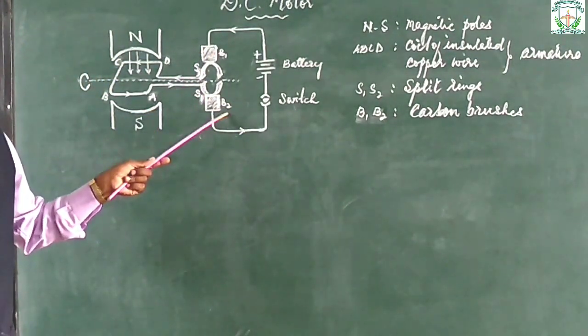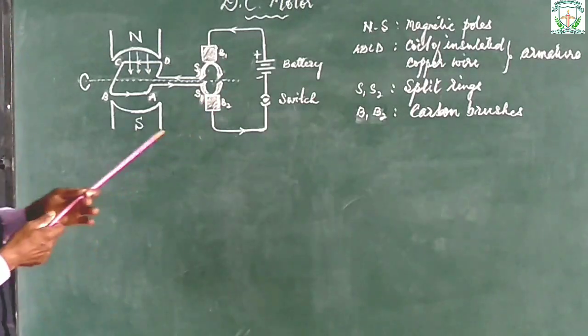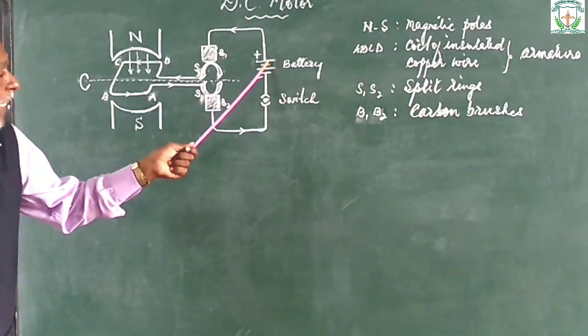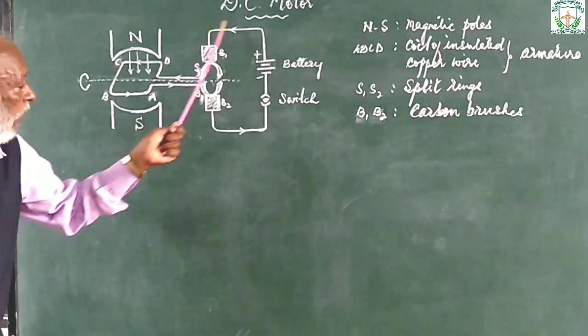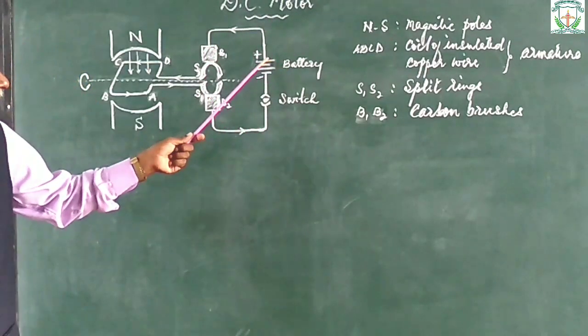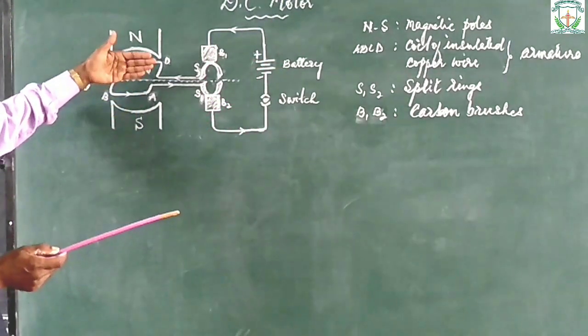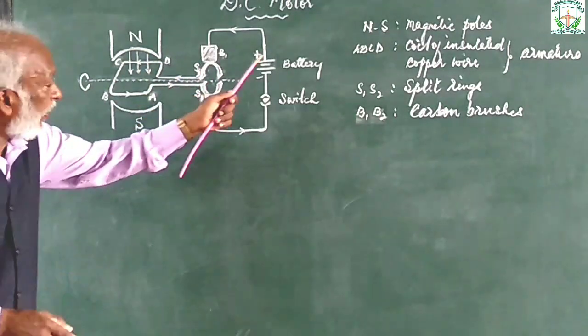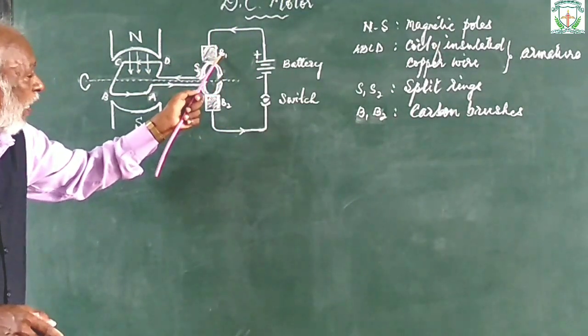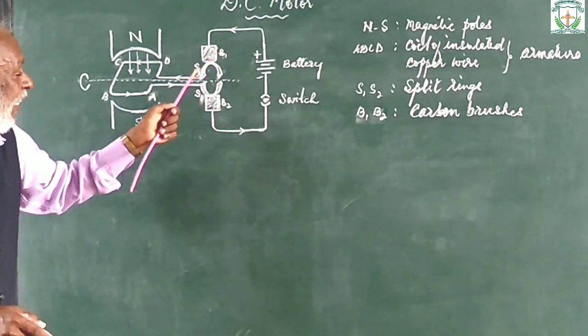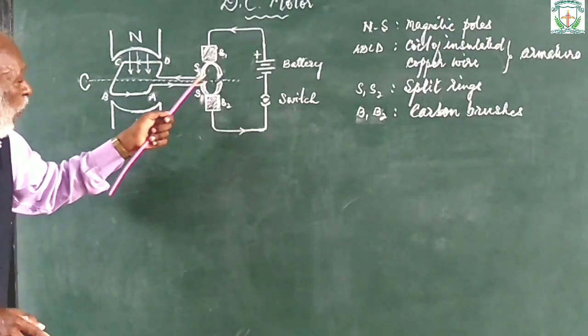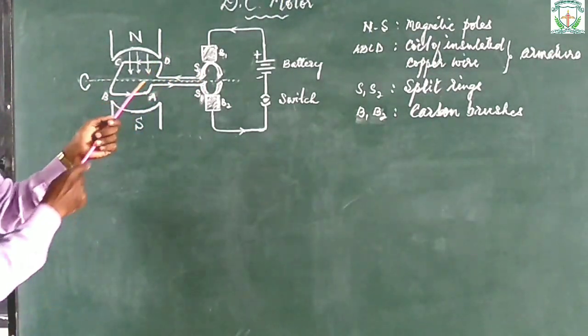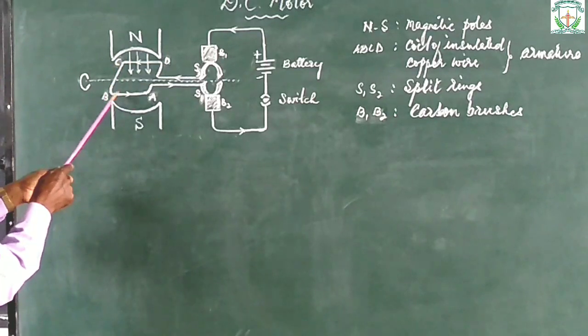Brushes are stationary, they won't change. Now look here, the current is flowing in the external circuit in the same direction. In the second half of the armature cycle, it reaches B1, from B1 through S2 it flows in the coil in the direction BCDA.